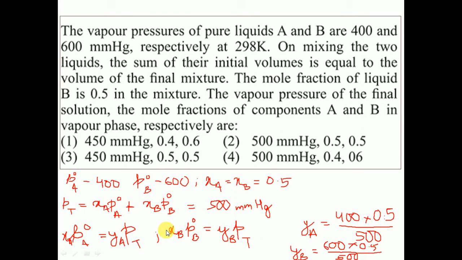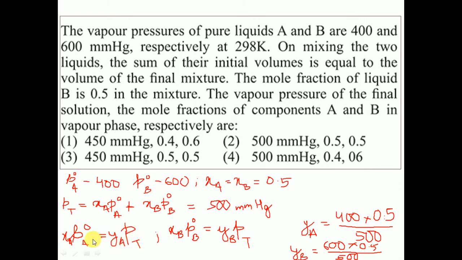So the component will be in equilibrium in the solution phase and in the vapor phase. So we can write the partial pressure, which is XA multiplied by its vapor pressure in pure form, equal to the total pressure multiplied by its mole fraction in the vapor phase, or the gaseous form, right?